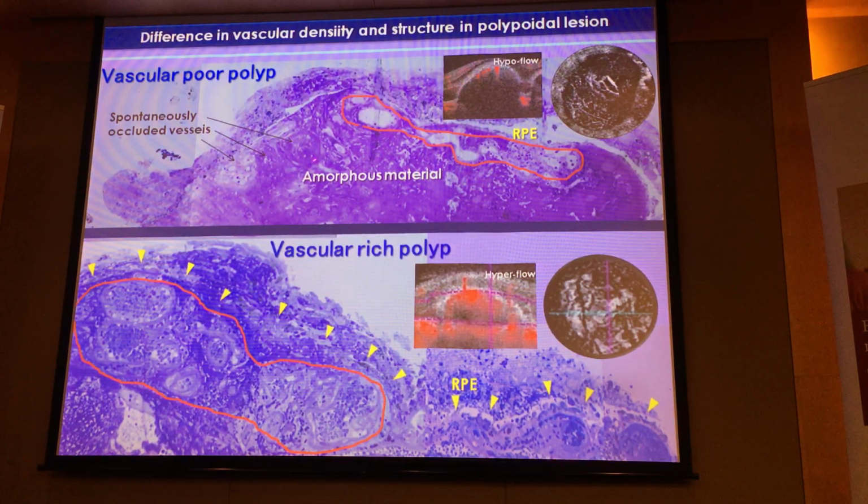And there are also spontaneously occluded vessels in the region. Such tissue will come to the low flow region.